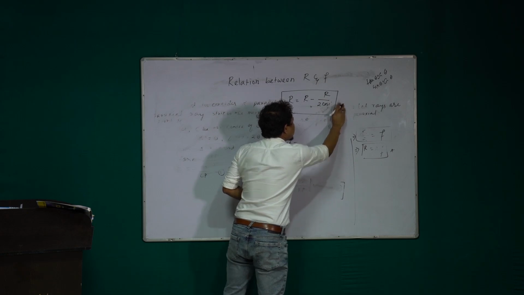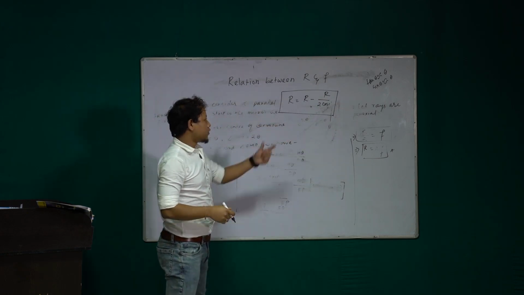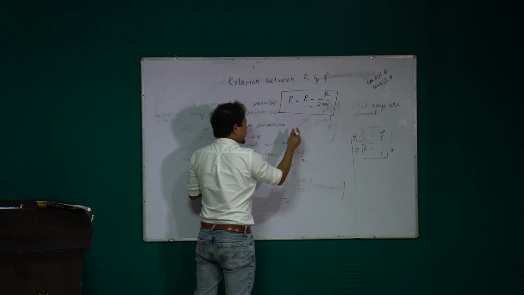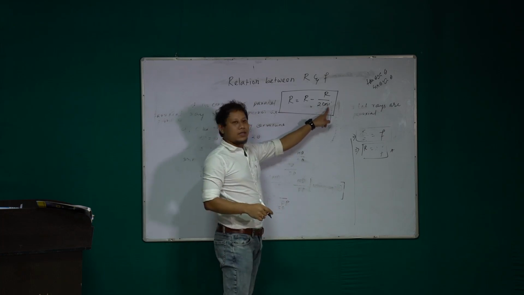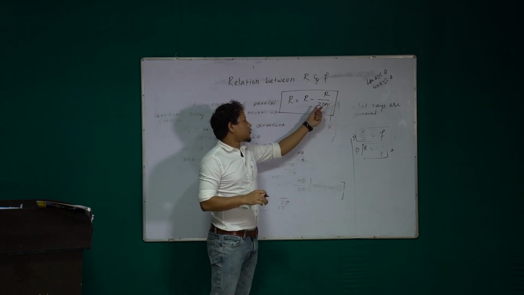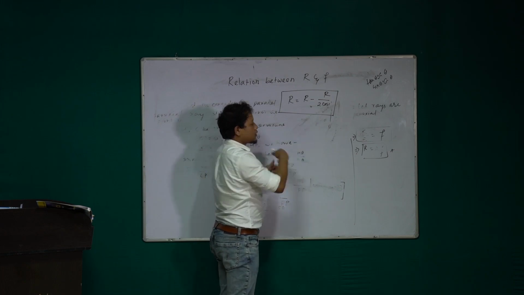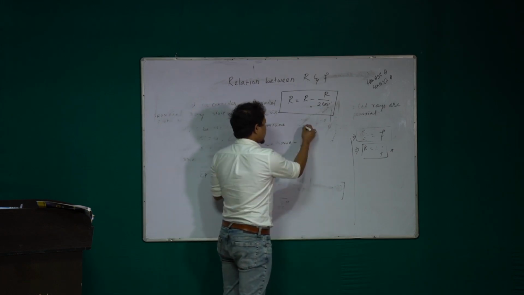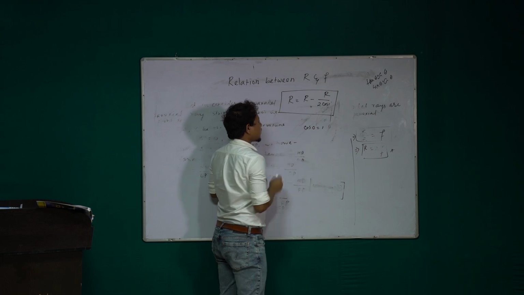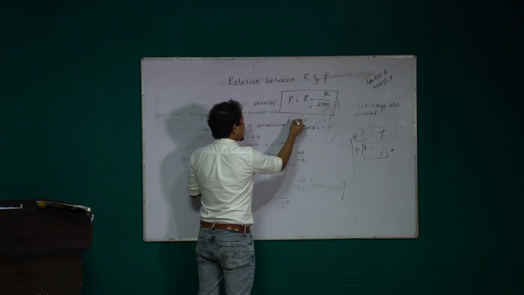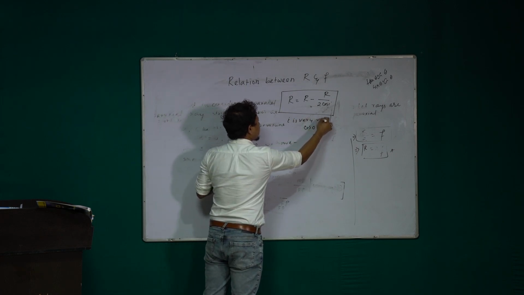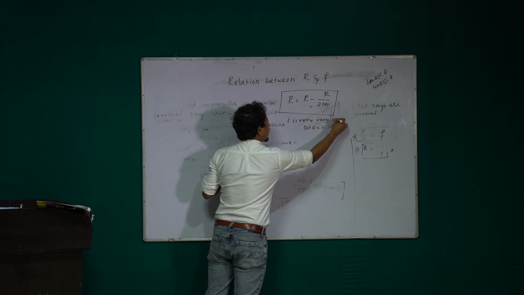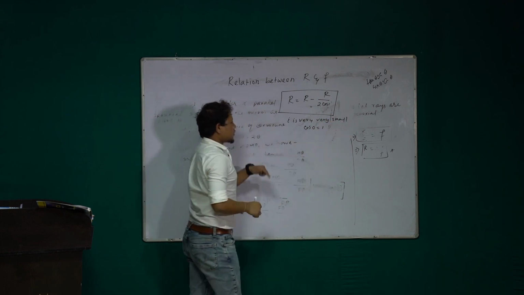And we can modify this formula for the paraxial rays. As I told you, for the paraxial rays, I is very small, so it's almost equal to 0. So cos 0 becomes 1, because I is very, very small. So we can write cos I equal to 1.